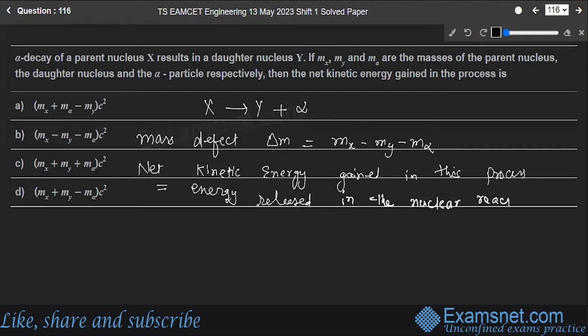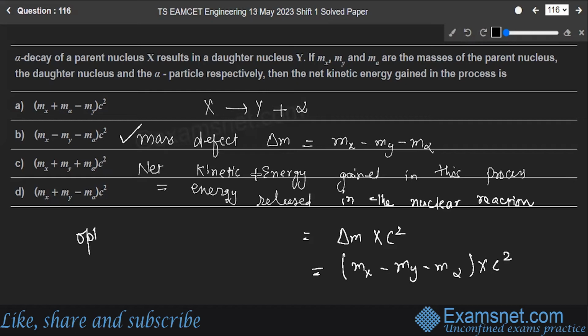And how much is that? It's given by the change in mass times C squared, which is (mX minus mY minus m alpha) times C squared. This is option B. So this is the right answer to the question.